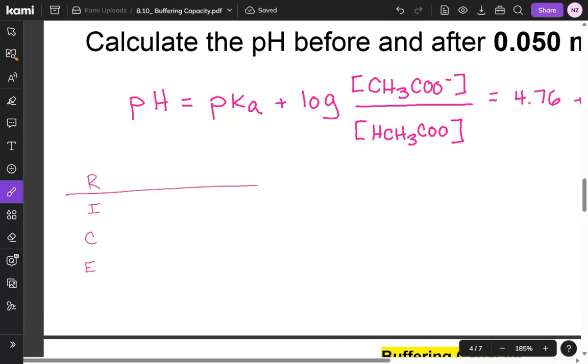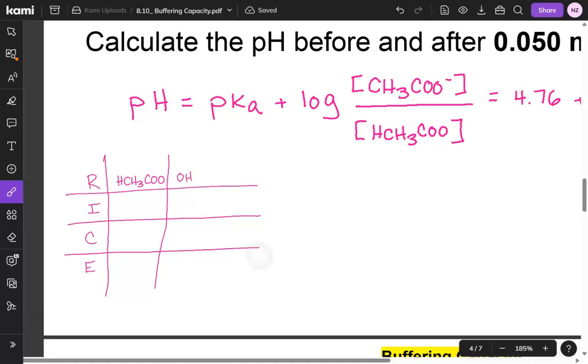So we have HCH3COO. Okay, so we had 0.1 molar of our acid and our conjugate.